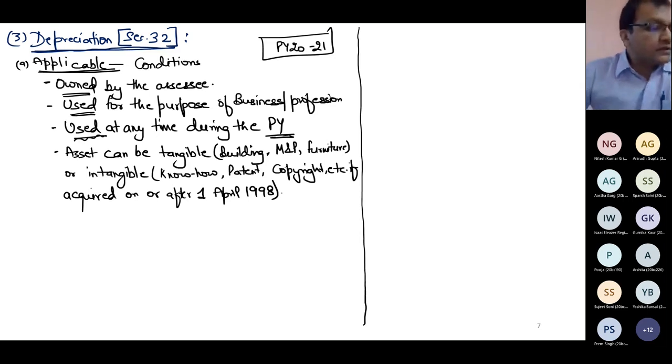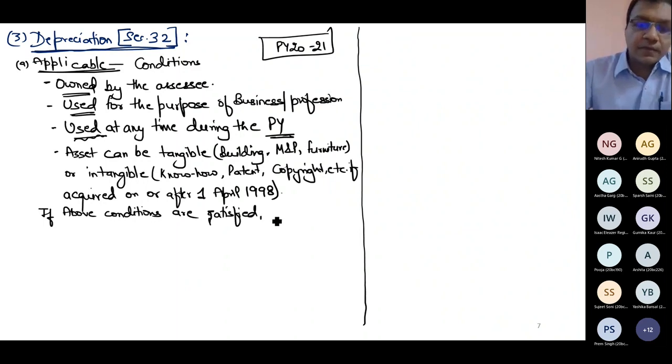These are the 4 conditions which must be satisfied if you want to claim depreciation. So if the above conditions are satisfied, depreciation is allowed as an expenditure which you can show as an expense, which can be deducted while computing PGBP income.